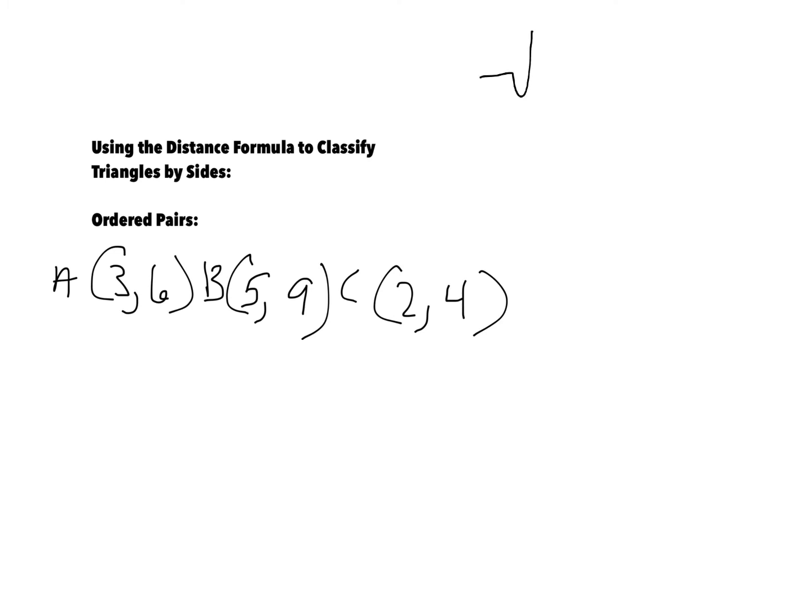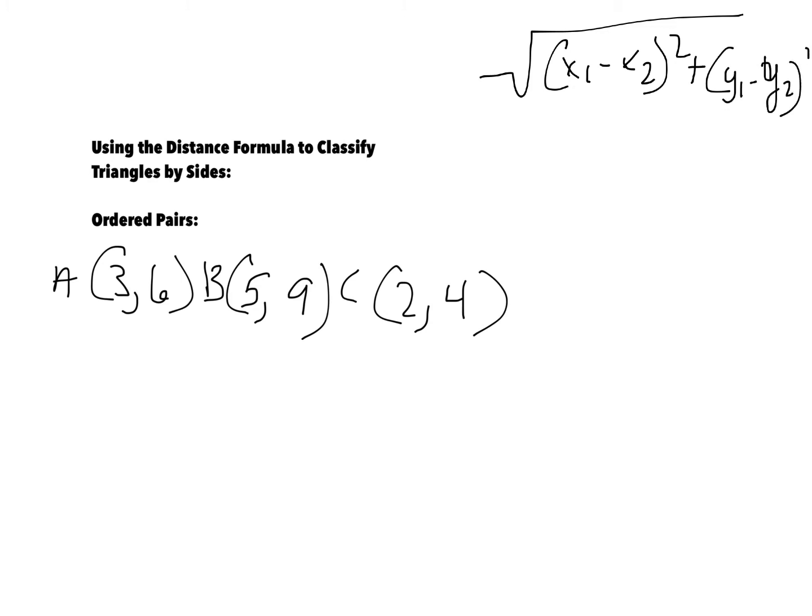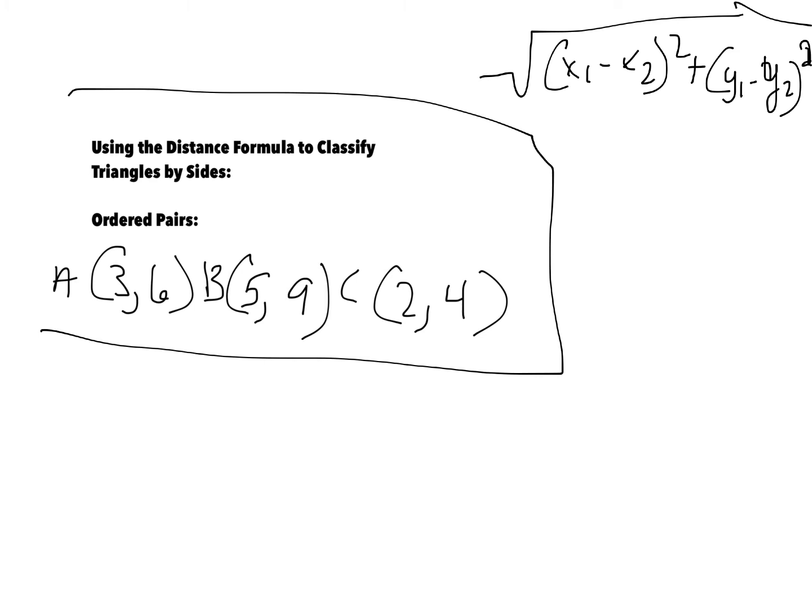And remember, the distance formula is just this: the square root of (x1 minus x2) squared plus (y1 minus y2) squared. So we have to do that 3 times. Let's start.